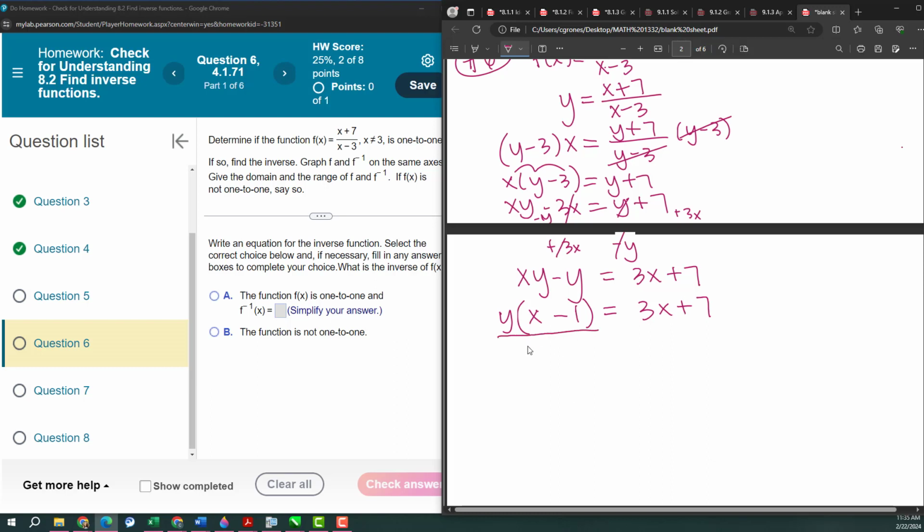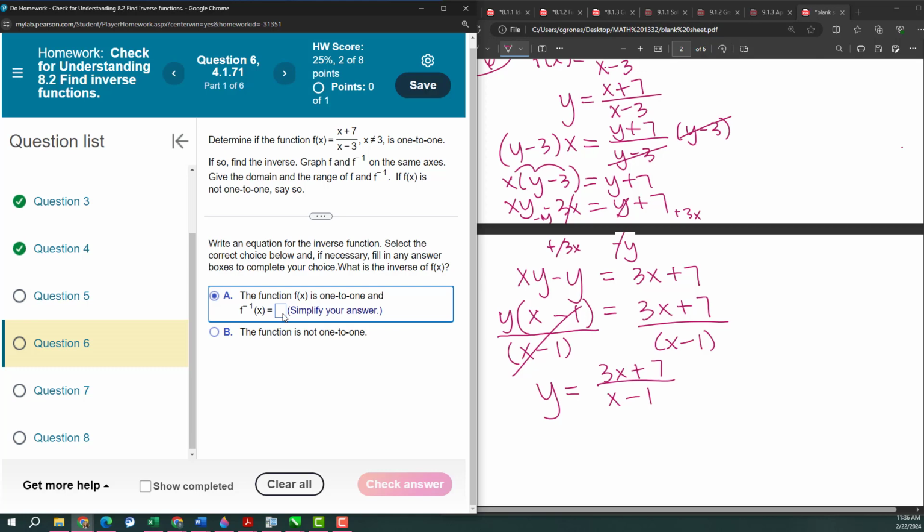We can divide by this x minus 1, and we now have y by itself equals 3x plus 7 over x minus 1. So yes, our function is 1-to-1.